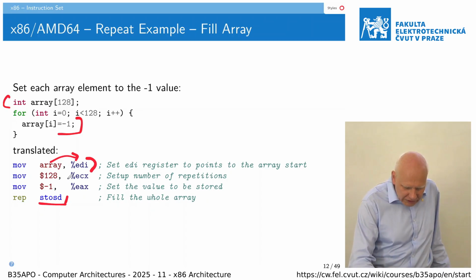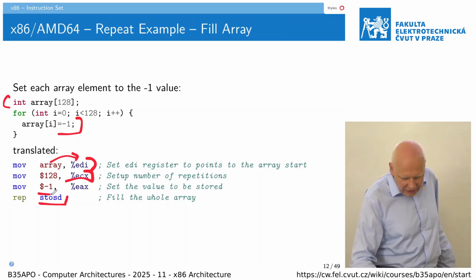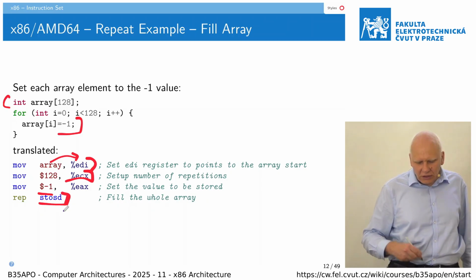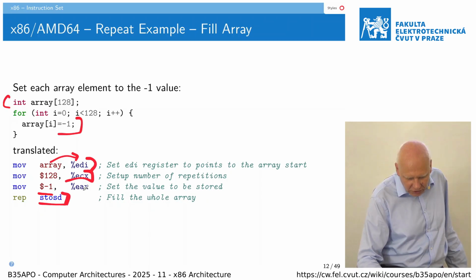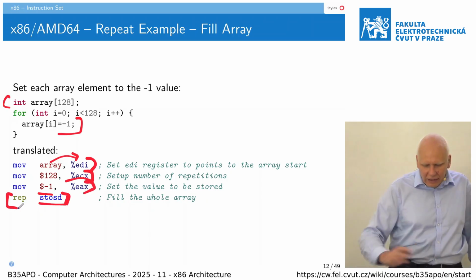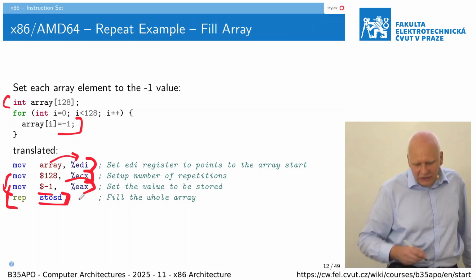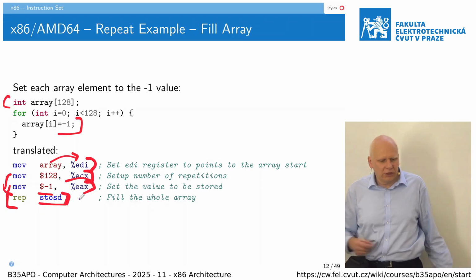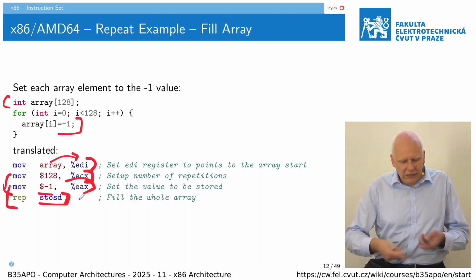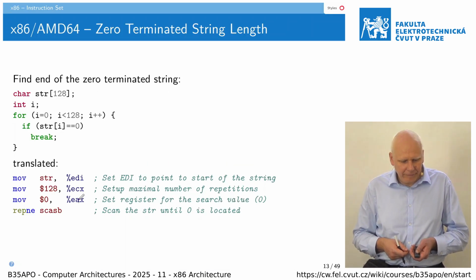Then you specify how many times we want to proceed the operation. The operation stores the value from the EAX register. So you prepare the value in the EAX register and then say, okay, repeat this special string operation 128 times, and you are done. So basically it is not necessary to load again and again the operation and decode it and so on, because it is done directly in the processor.